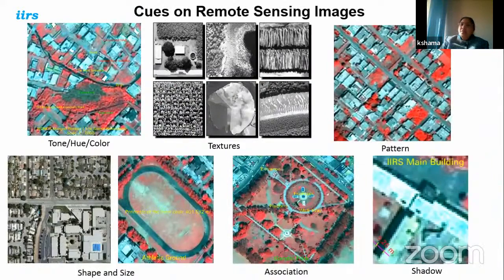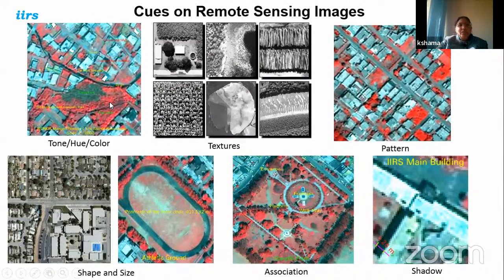So when we start working on remote sensing data, there are many cues which help us to identify different patterns, different objects on remote sensing images. So here you can see that one is tone. Like you can see this red tone. Red tone is generally indicative of vegetation in a false color composite.